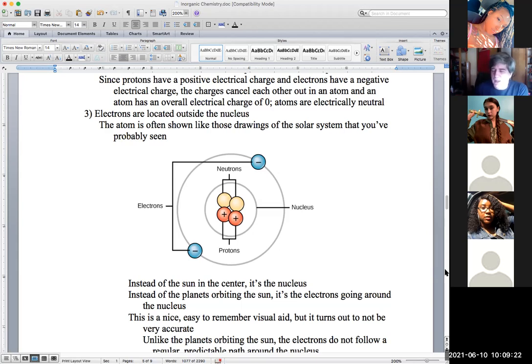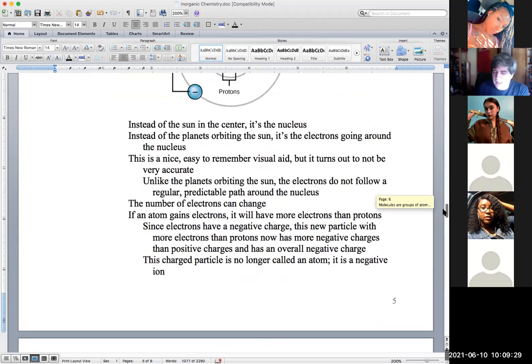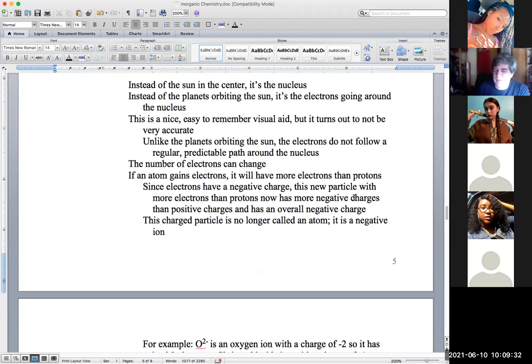So this means when we think about our atoms, if we gain or lose an electron, we don't have an atom anymore. So if we see a situation where we have an atom and we gain electrons, now it has more electrons than protons. And since electrons have a negative charge, we now have more negative charges than we do positive charges.